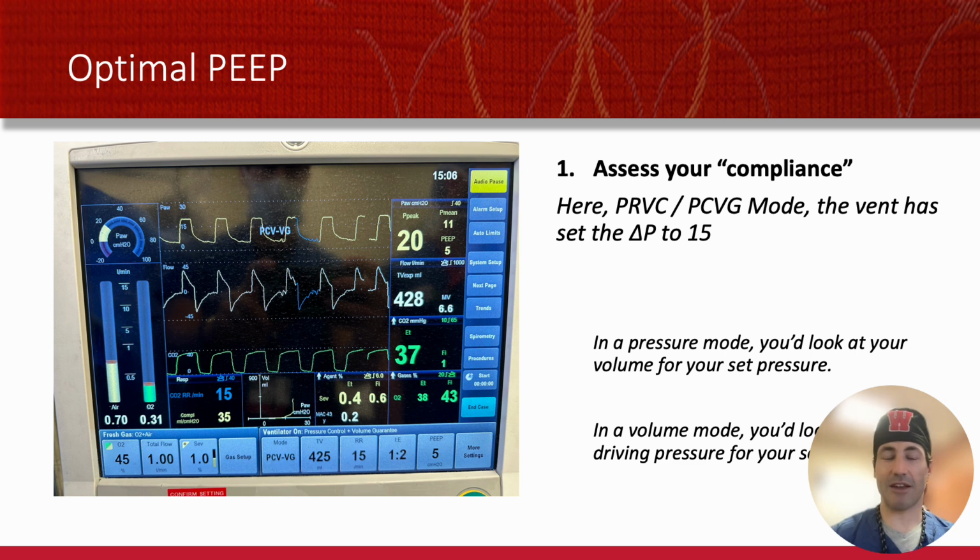So the vent set that driving pressure to 15 to achieve that, and that's my compliance. In a pressure mode, you'd look at how much volume you're getting for the pressure you set. And in a volume mode, you'd look at your plateau minus your PEEP, or the driving pressure for the volume that you've set. So first step, look at your compliance.